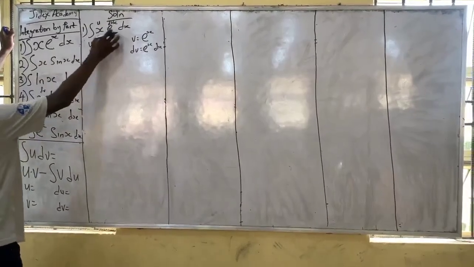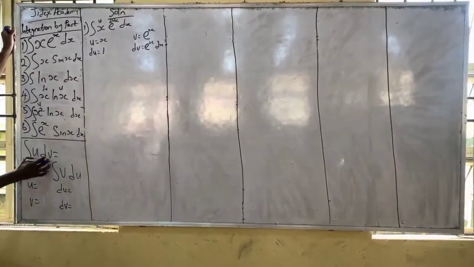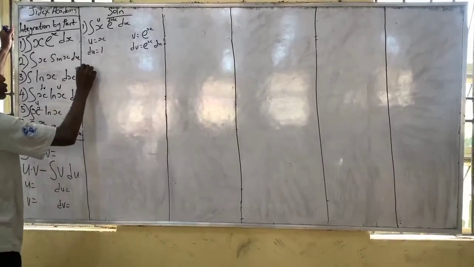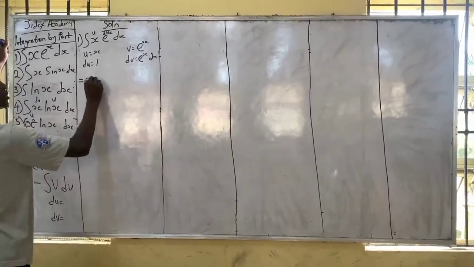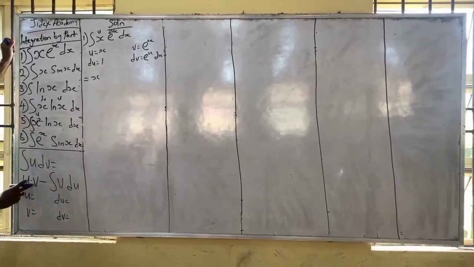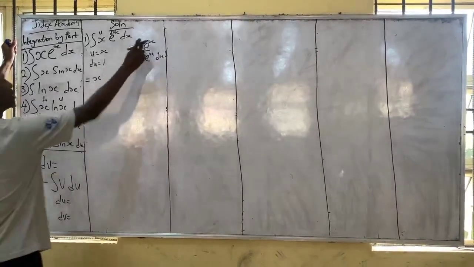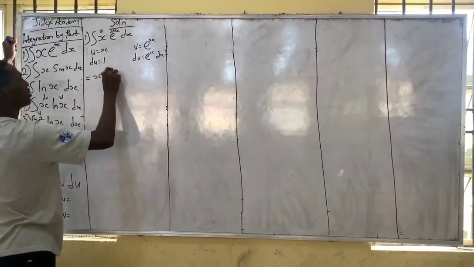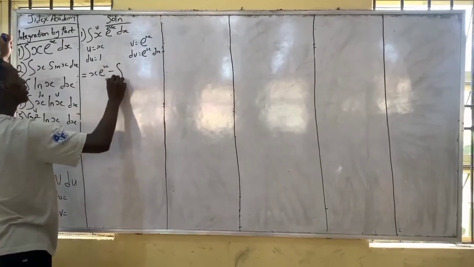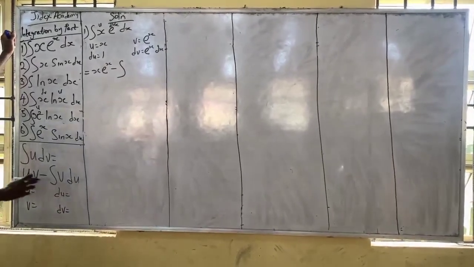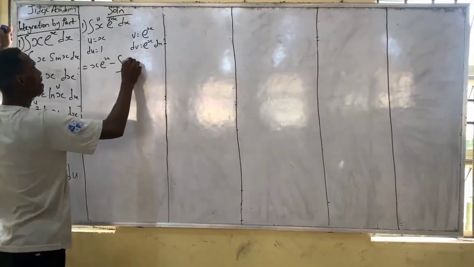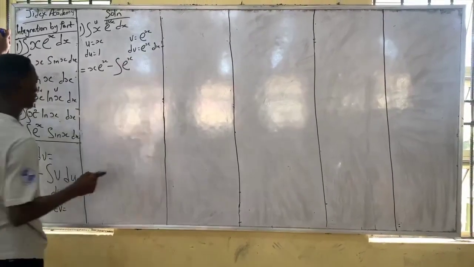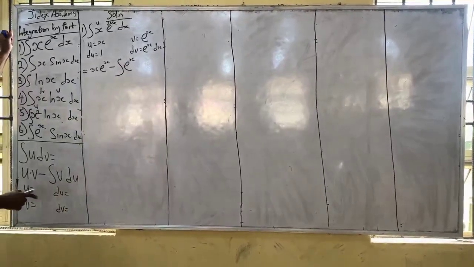So this is the equation here. We were told that it is equal to u, which is x, times v, which is e to the power of x, minus the integration of v, which is still e to the power of x, times du.